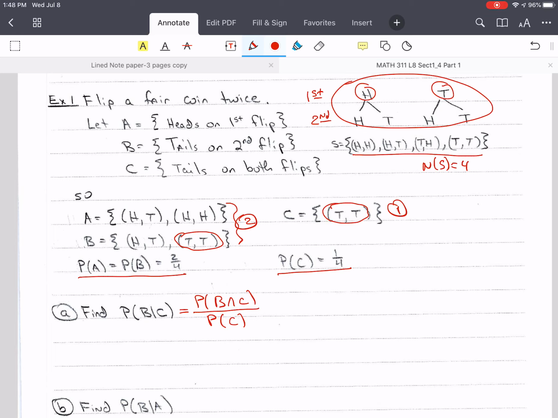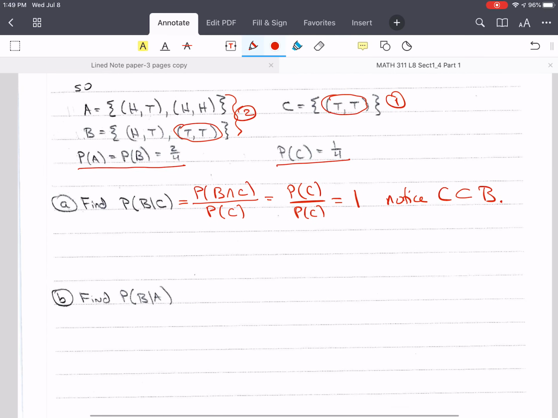So there is an overlap, and in fact, the intersection is the whole event C. So this is going to be the probability of C divided by the probability of C, which is equal to 1. All right. And so notice that C is contained in B.